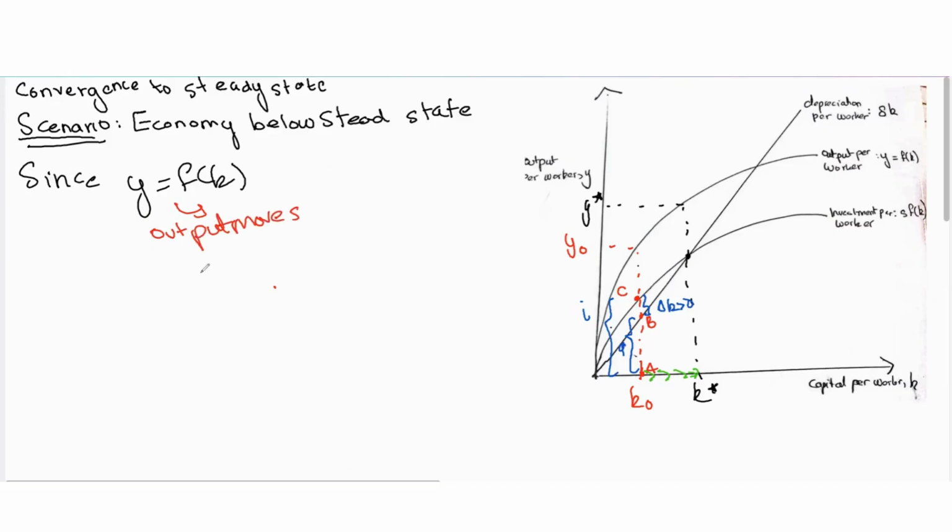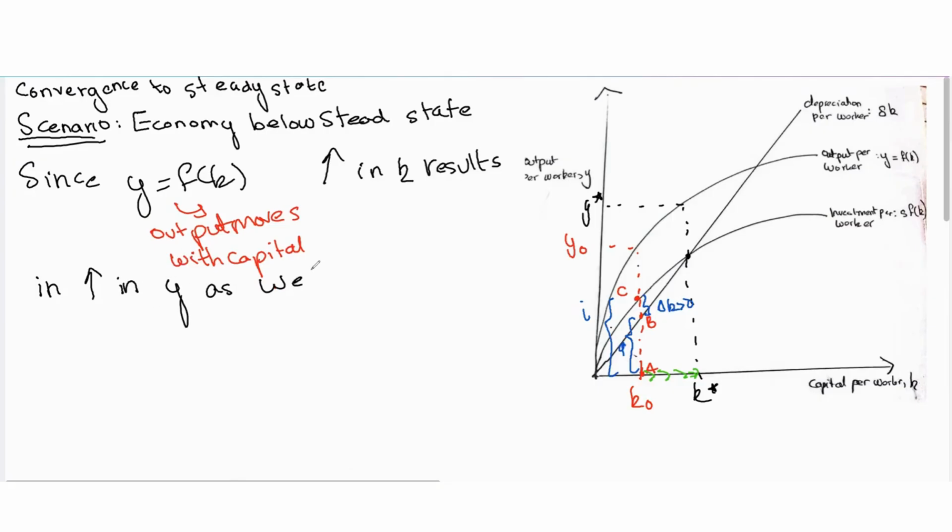Output depends upon K. Since Y is equal to F of K, an increase in K results in an increase in Y. So when K is increasing to its steady state value, it results in an increase in Y as well, from Y naught to the steady state value Y star.